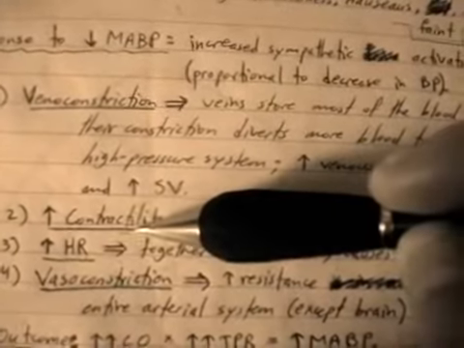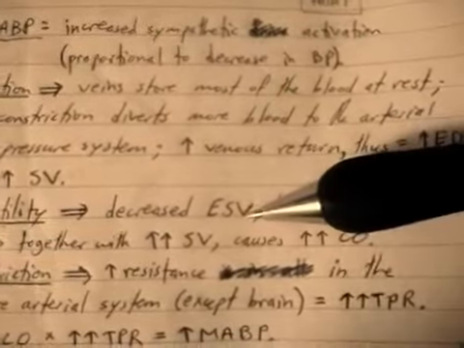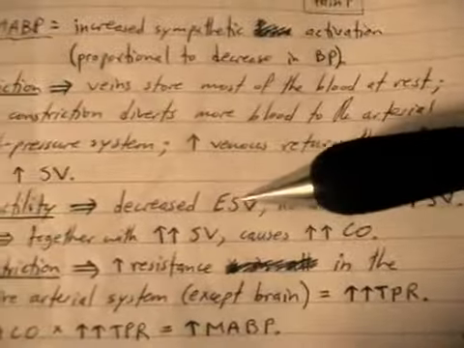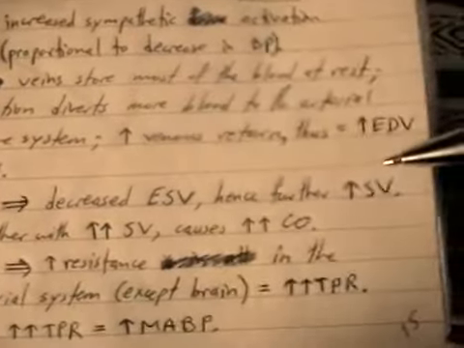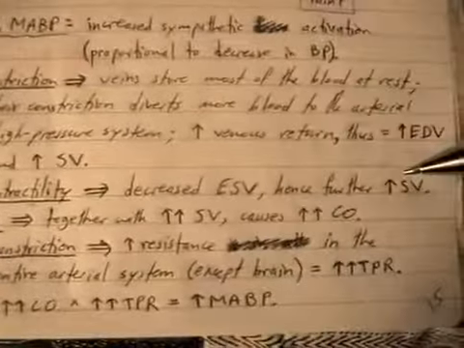Increased contractility causes the heart to contract more forcefully and therefore decreases end systolic volume, and we know that an increase in end diastolic volume plus a decrease in end systolic volume equals increased stroke volume. So by increasing stroke volume, we increase cardiac output.